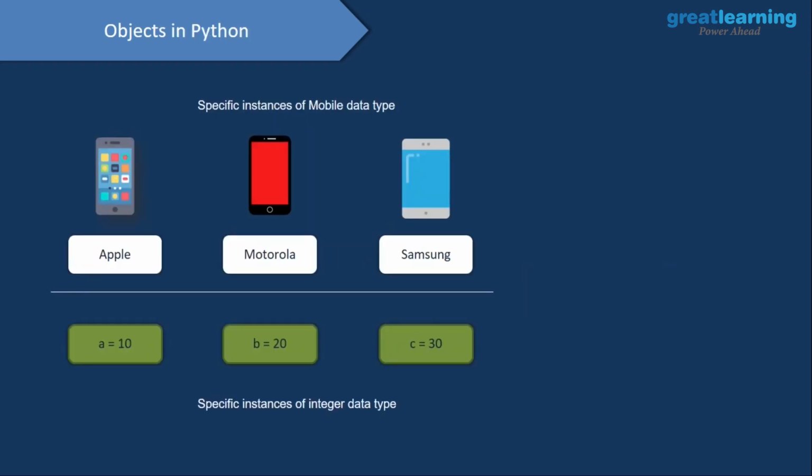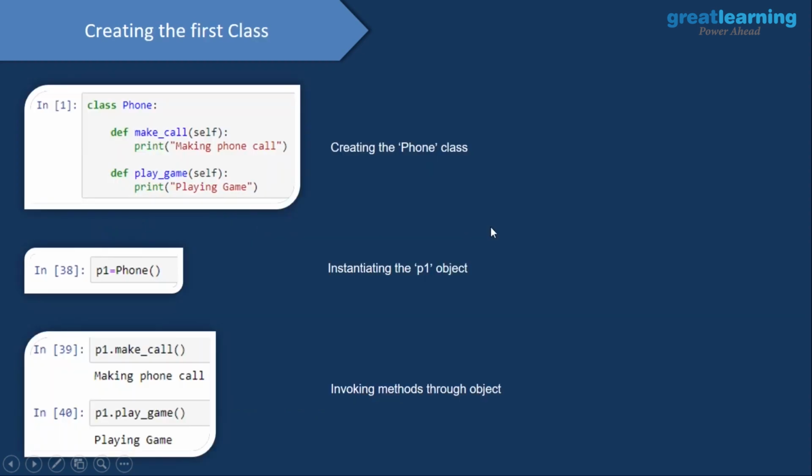As an example with predefined data types, A is an integer variable and I'm storing the value 10 inside it. Similarly, B is an integer variable and I'm storing the value 20 inside it. Similarly, for the mobile data type, we have the objects Apple, Motorola, and Samsung. So that was a brief intro to object-oriented programming.